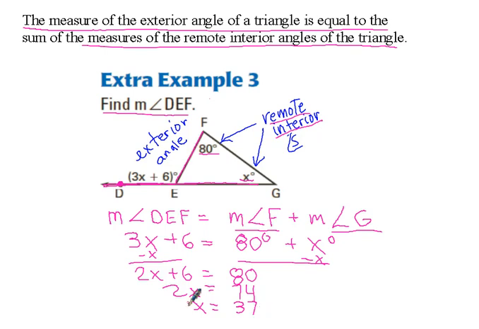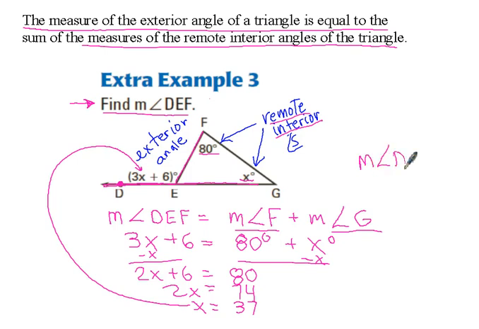We found x. But if I look back up here, it says find the measure of angle DEF. I haven't done that yet. In order to complete the problem, I need to go substitute x back into the expression for the measure of angle DEF. So I'm going to go ahead and write that over here to the right where I've got some room.